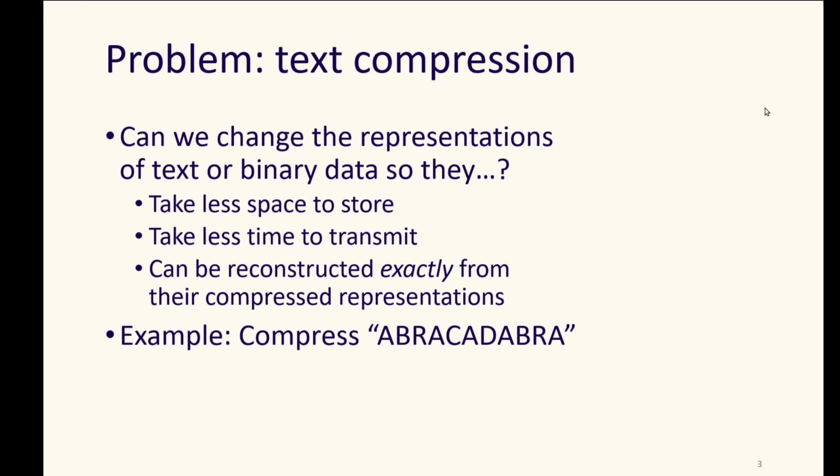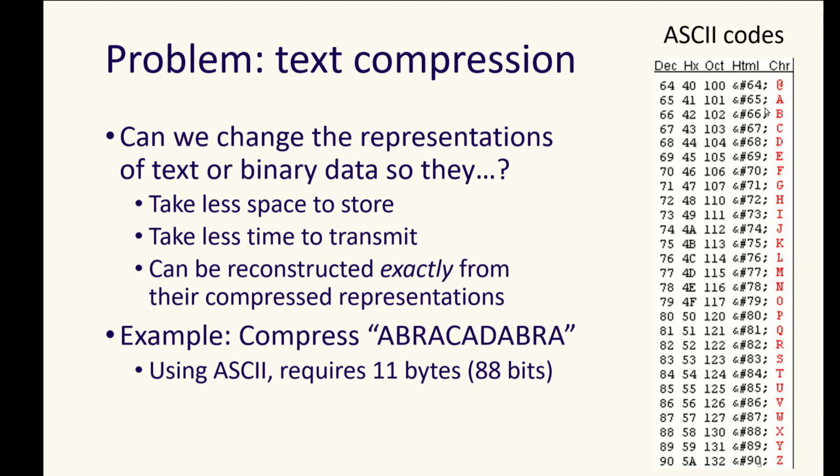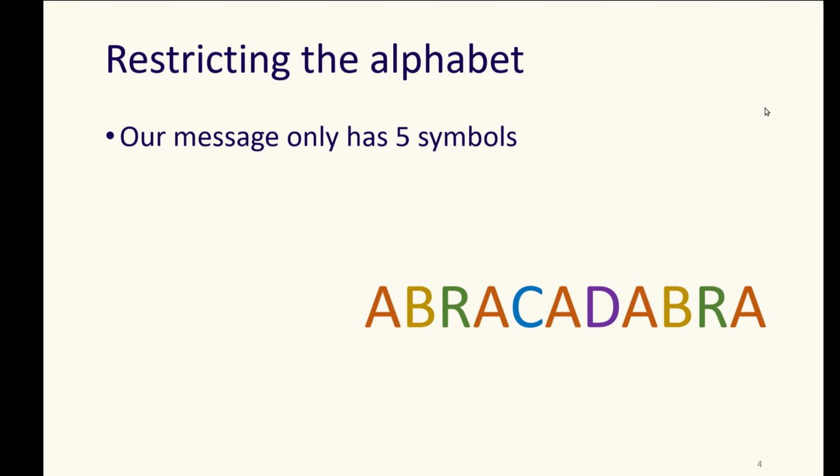For example, if we wanted to compress the string containing the word abracadabra, we see it's got some repeated letters, and we see that it doesn't have very many total letters in it. But using the ASCII coding, it would take 11 bytes or 88 bits to transmit or store that word. We could do much better if we just look at the fact, as mentioned before, that it only uses part of the alphabet.